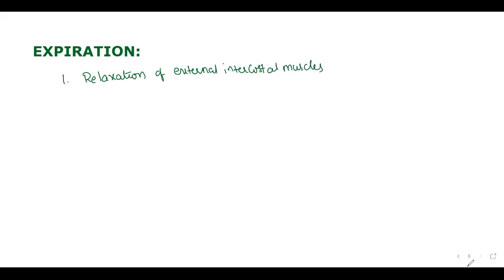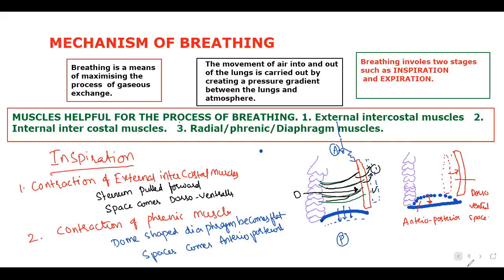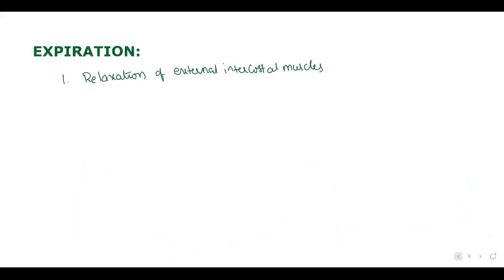What happened at the time of contraction of external intercostal muscle? Sternum is pulled forward. Pulled is better than moved. So what we say: relaxation of external intercostal muscle, sternum comes back into normal position.